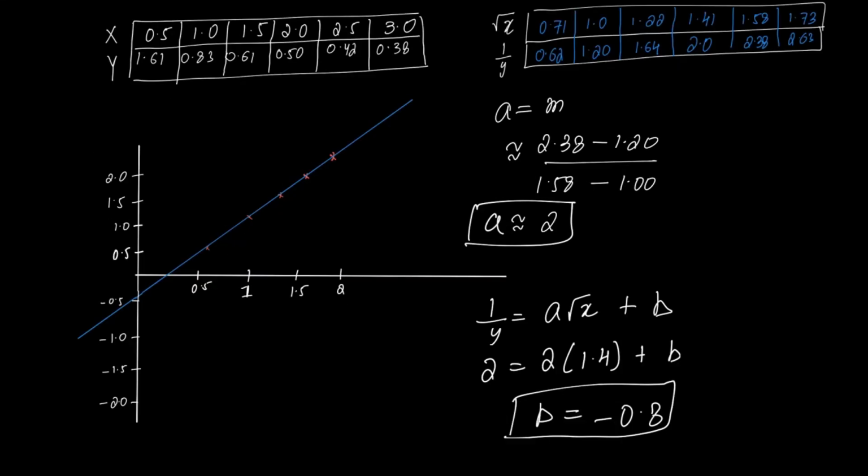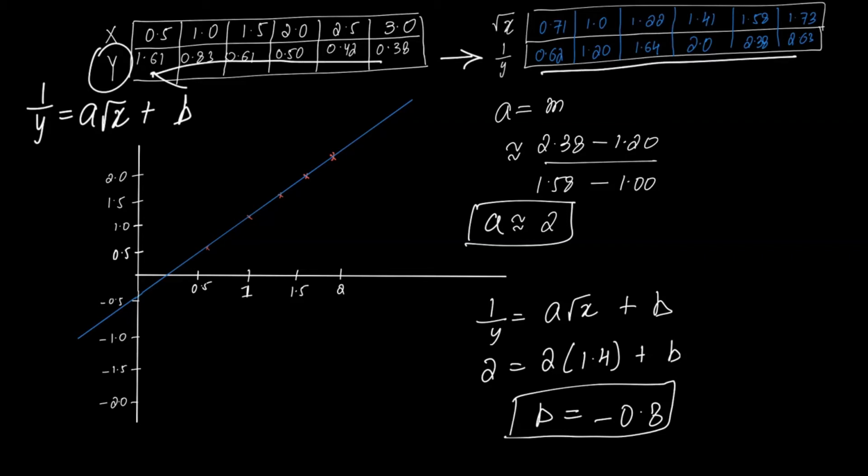To solve this and to relate it to the equation, which was 1 upon y equals a root x plus b, instead of y, we have to put 1 upon y. So we will simply reciprocate all of these values and write the answer in the 1 upon y values.